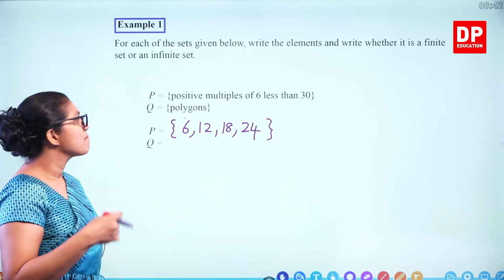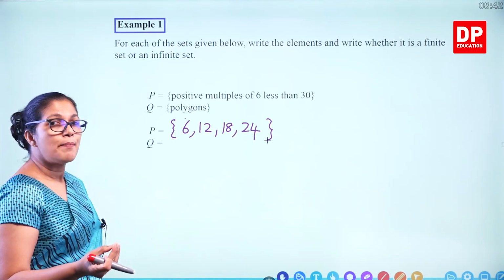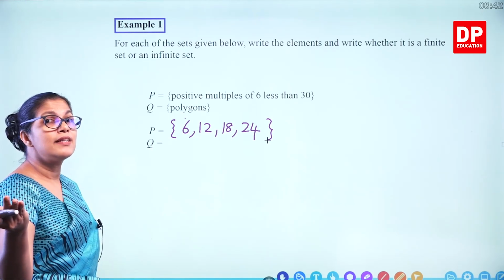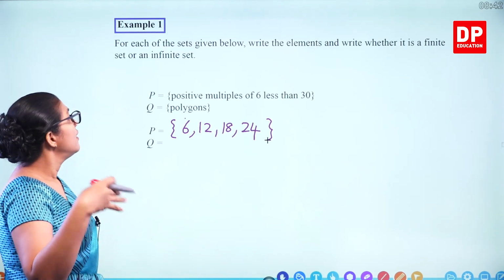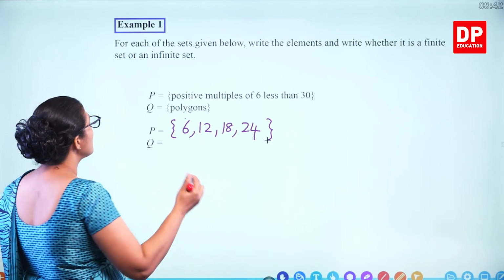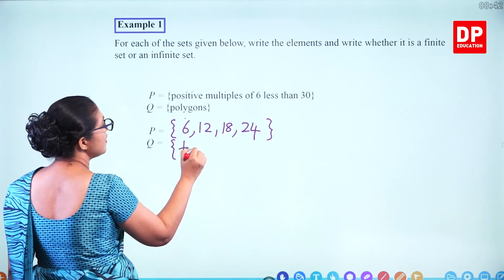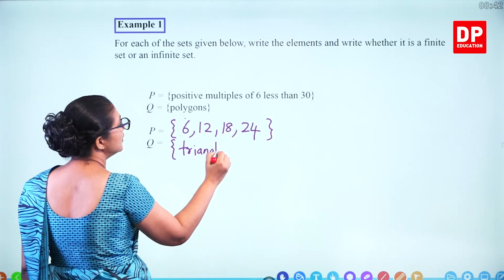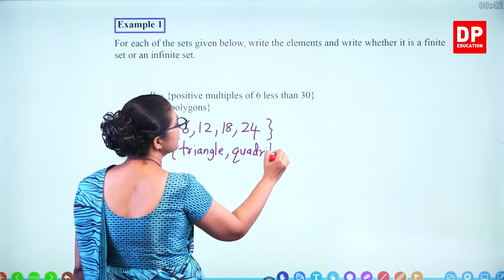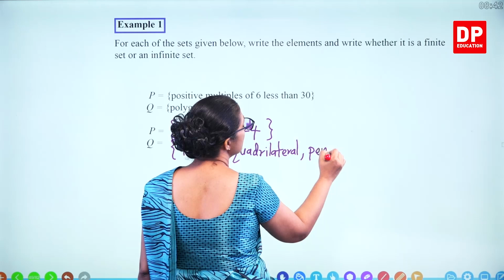Polygons. You can write triangle, quadrilateral, pentagon, hexagon, like that. 50-sided polygon, also polygon. 90-sided polygon, 100-sided polygon. So there's no end to that. So we can write triangle, quadrilateral, pentagon, hexagon.